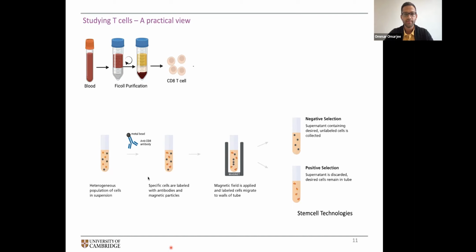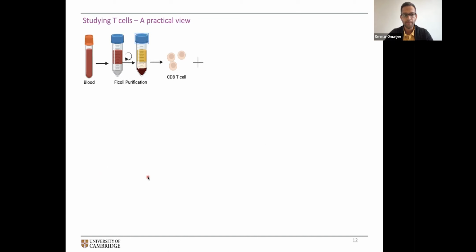And one of the ways to be able to remove that protein is to use CRISPR-Cas9 technology, which is a gene editing technology. As you know, proteins are produced from genes. So if I remove that gene, I will also remove that protein.